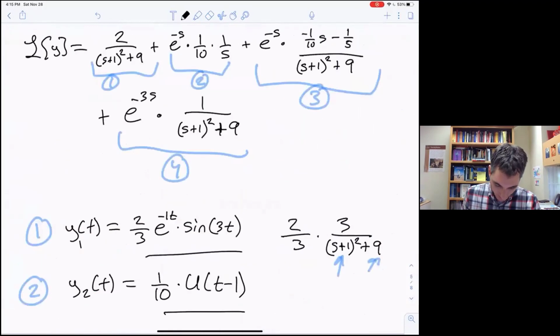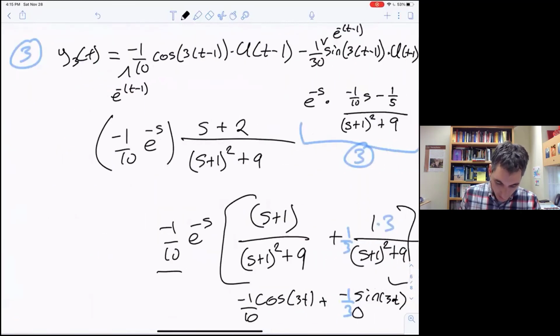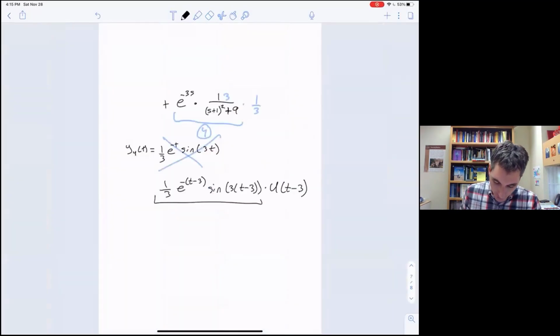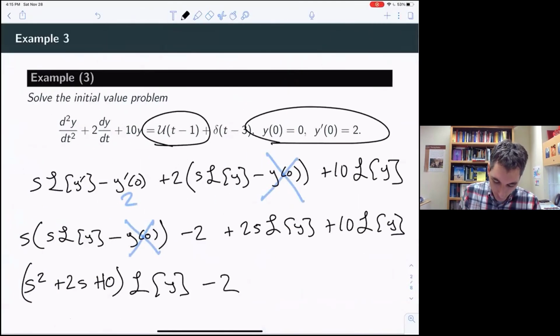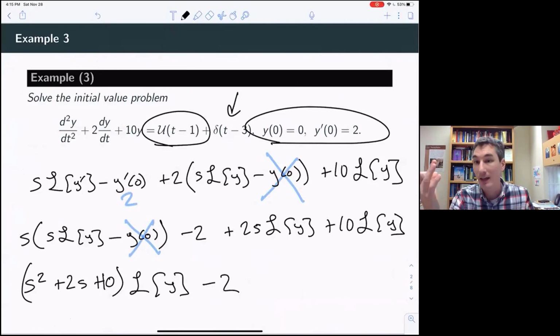This y3 is really turning on at t equals 1 so that you don't have a discontinuity. And then this fourth solution here is coming from the Dirac forcing, which happens at t equals 3. So that Dirac turns on a sine function to give you that change in velocity.